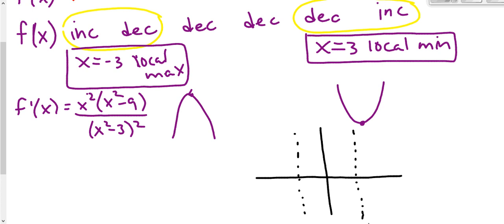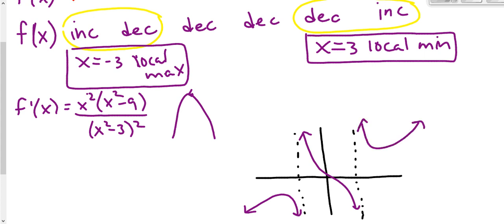And then it's doing this. Okay, so we can see the local maximum here at x equals -3, the local minimum here at x equals +3, and we can see that we don't have any other local maxes or mins.